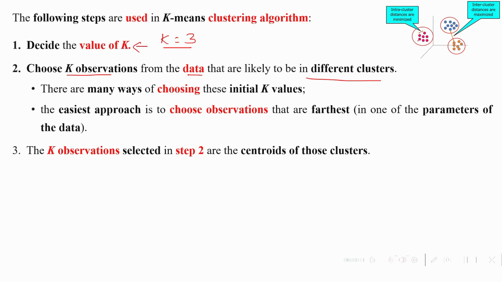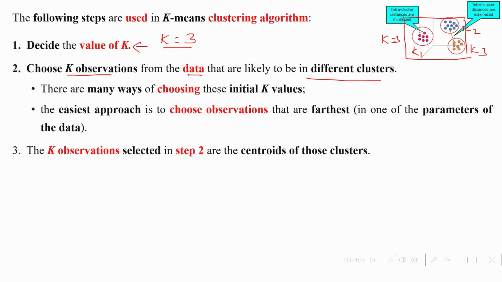For example, this is the data set and I want to form 3 clusters: cluster 1, cluster 2 and cluster 3. So we have to choose the initial observations for cluster 1, cluster 2 and cluster 3.